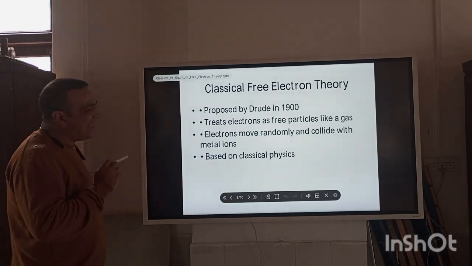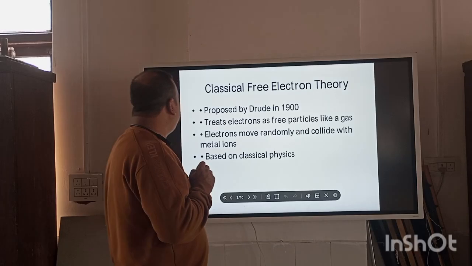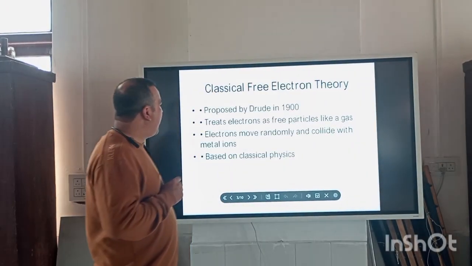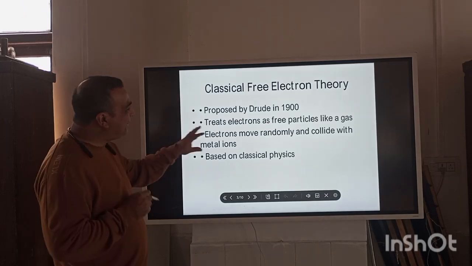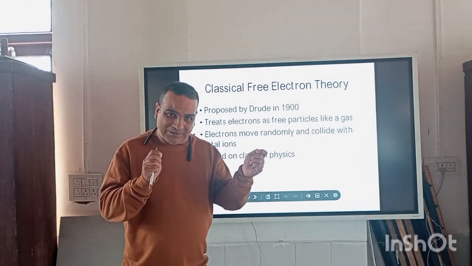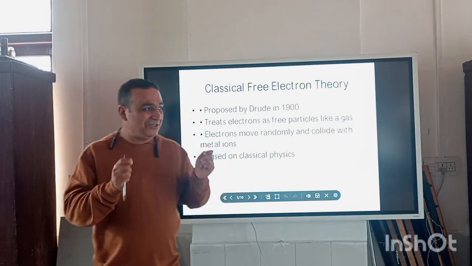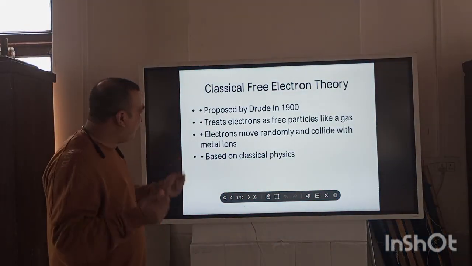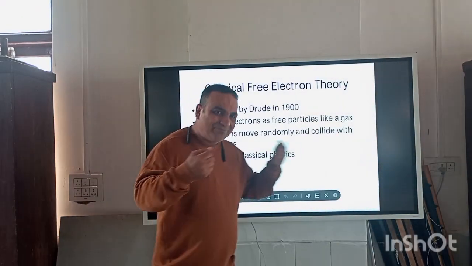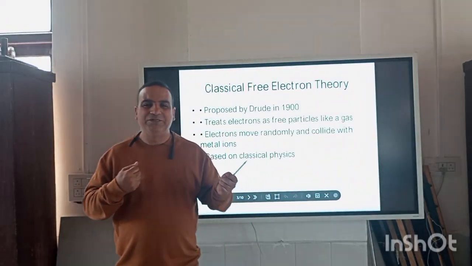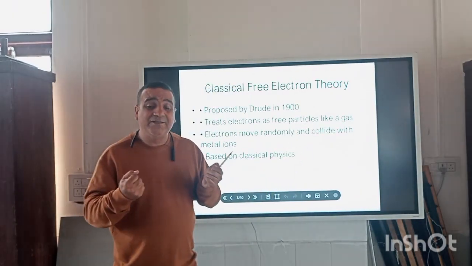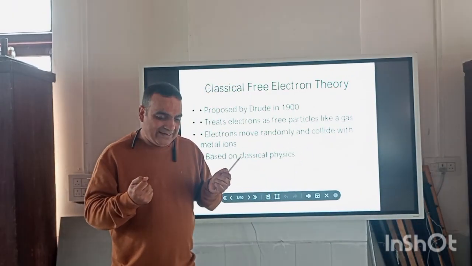Now, talking about the classical free electron theory, this was proposed by Drude in 1900. Basically, it treats electrons as free particles, like tiny balls, like those of a gas. Electrons move randomly, and they are assumed to be free within the metal.